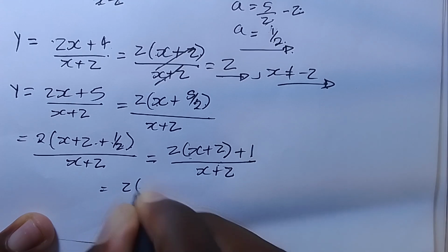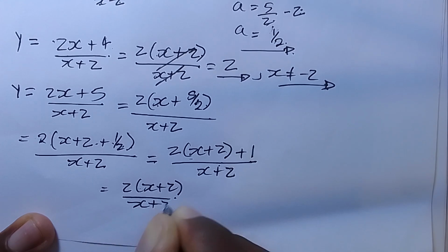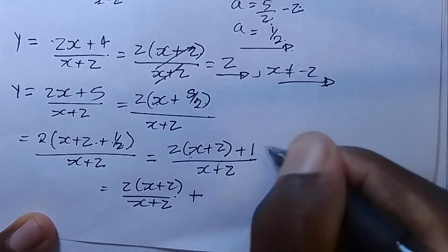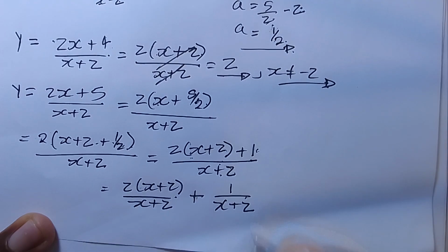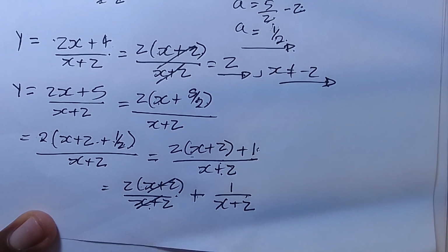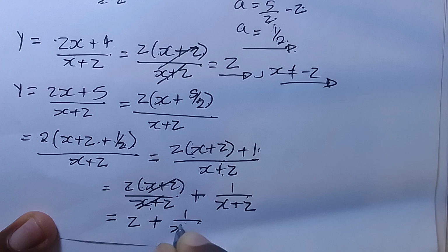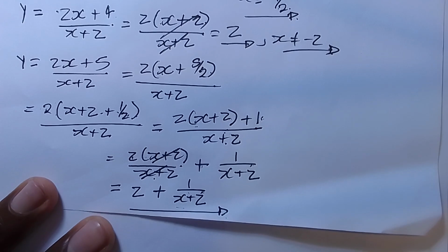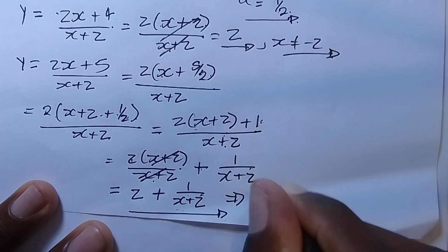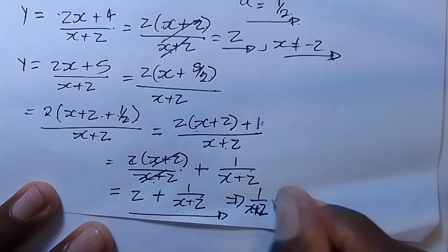So 2 into x plus 2 divided by x plus 2, plus 1 over x plus 2. These are going to cancel, and this is going to leave 2, so you'll have 2 plus 1 over x plus 2. You can write this as 1 over x plus 2 plus 2.